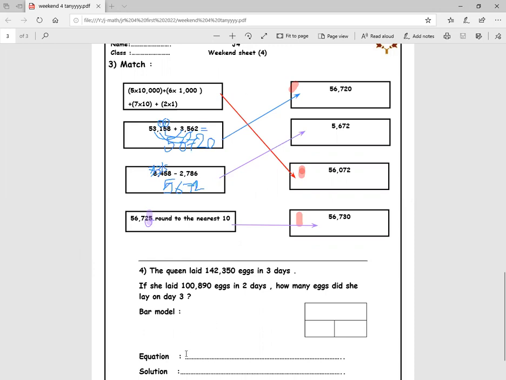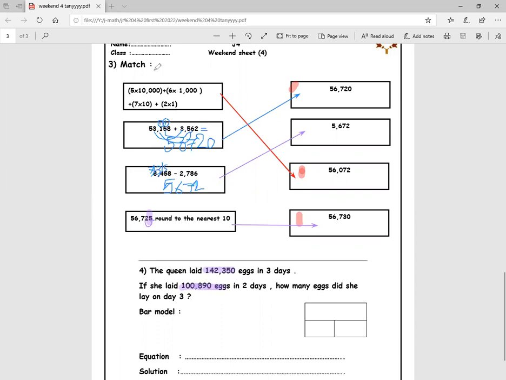So here the equation says that the queen laid 142,350 eggs in 3 days. So the sum of the 3 days equals this number. If she laid in 2 days only, the sum of 2 days was 100,890.